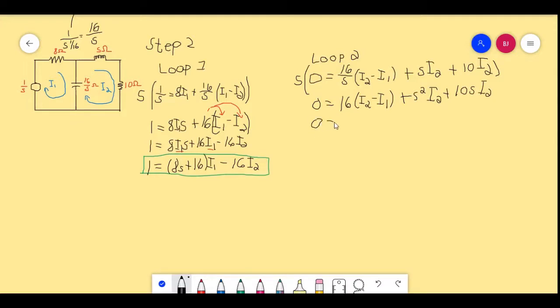Let's start distributing 16 for I2 and I1, just like what we did with the previous loop. So this one would become 16 I2 minus 16 I1 plus S squared I2 plus 10S I2.